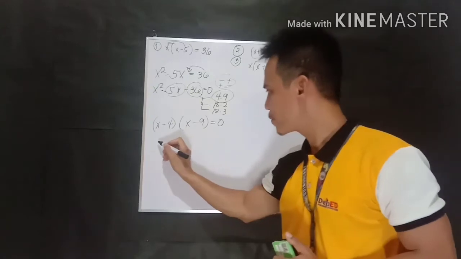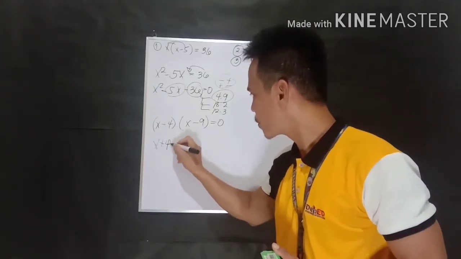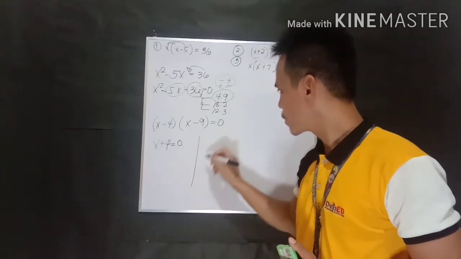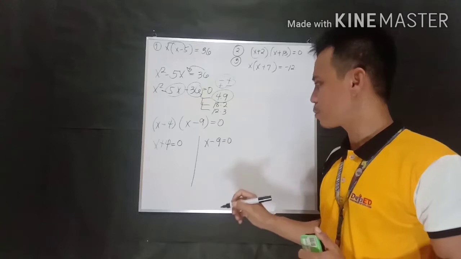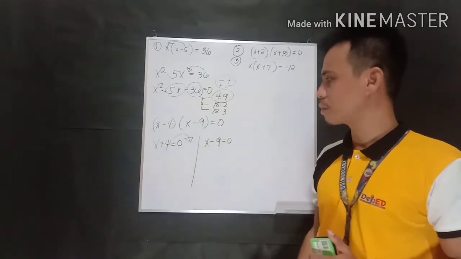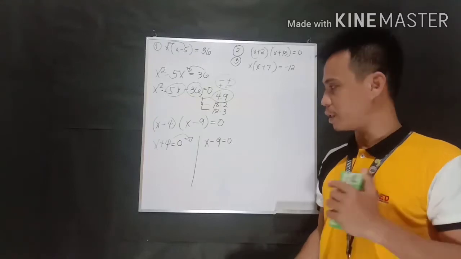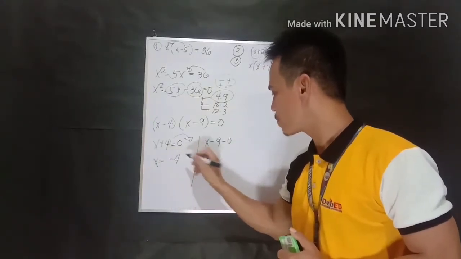So, we have x plus 4 is equal to 0. And the other one is x minus 9 is equal to 0. So, okay? Transpose positive 4 to the right side will give us x is equal to negative 4.